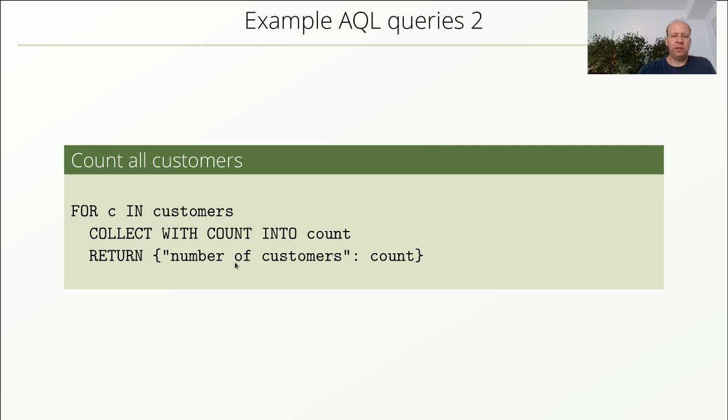This shows that you can not only return documents from the database, you can return arbitrary JSON expressions. The return value here, well, it's always a list, but in this case it will be a list with one entry, which is a document with one attribute called number of customers, and this will be a number, which is the number of documents in this collection.